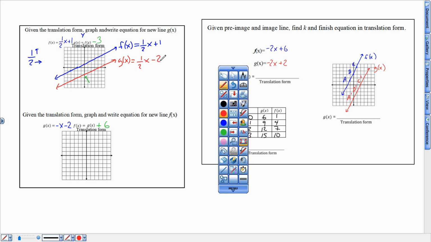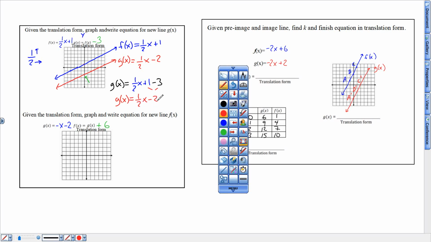Or you could have got that same y-intercept algebraically by taking that translation form where all the change is happening and substituting that one piece from the f of x equation in there. Still have that -3, and then remember that 1 minus 3, that's algebraically where that y-intercept number is coming from.